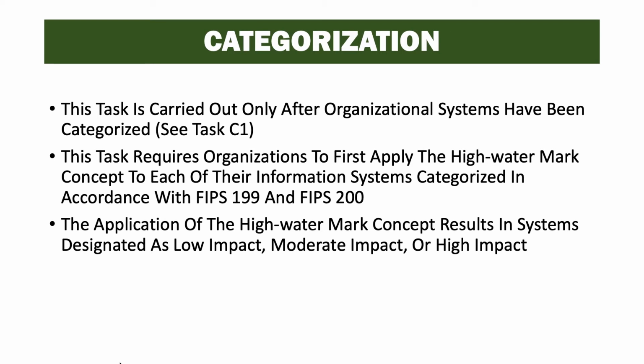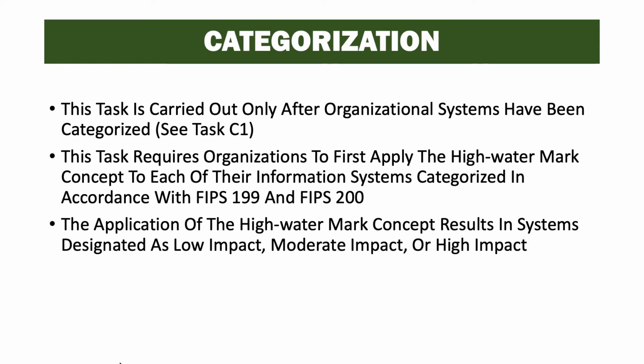And we'll talk about this again in task C1, but the high watermark means that we'll determine the impact to the system, normally based on the types of information that flow through the system. And the high watermark means that we'll look at the highest impact rating overall, normally from the information types, and that highest rating will apply to the entire system.